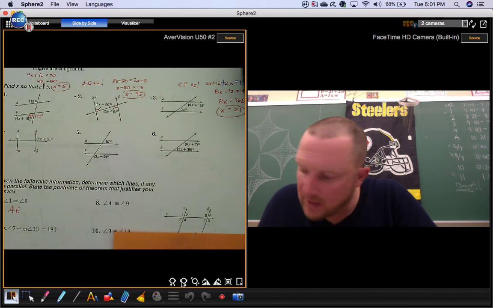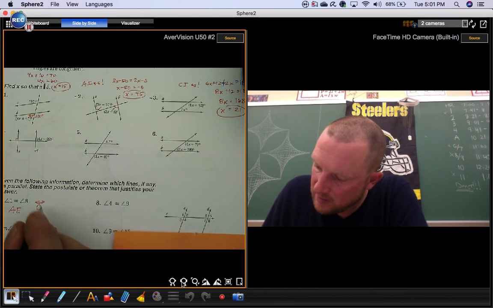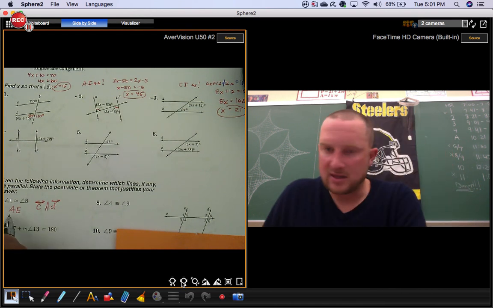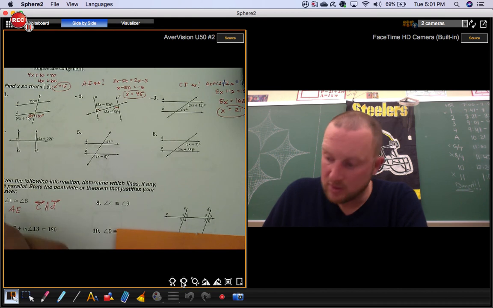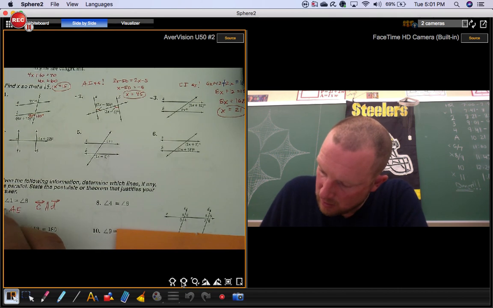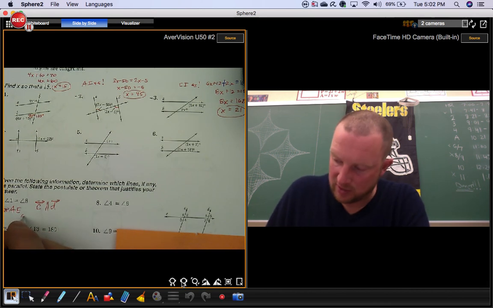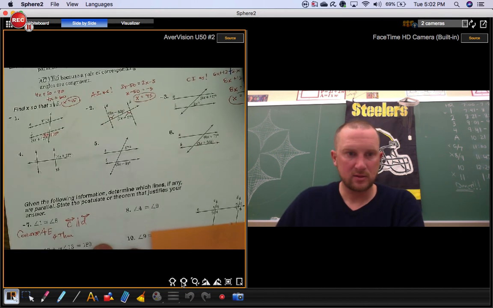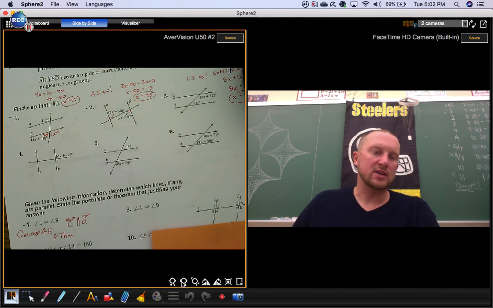So the two lines, line C and line D, are parallel. That's the converse of the alternate exterior angle theorem. That's what we write there. Converse of the alternate exterior angle theorem.